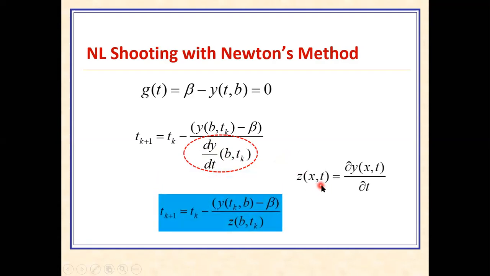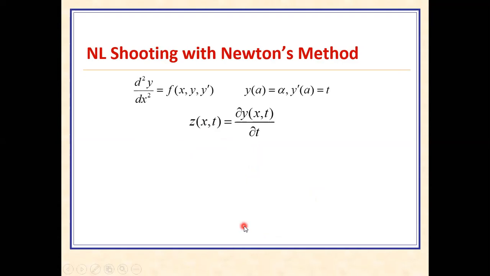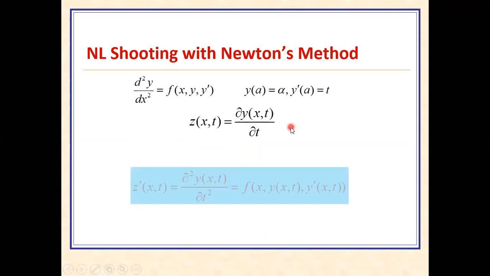So z of x, t equal to partial y partial t of x, t. So the Newton's expression becomes t(k+1) equals tk minus (y(b, tk) minus beta) over z(b, tk). So here we have a new problem to be solved: the value of the z function for a slope value tk and at final value b. So for that we further compute equations.